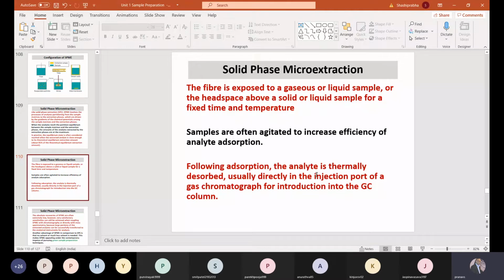It utilizes very small amounts of adsorbent, and it is essentially organic solvent free. Very small sample is required, I said 20 times, 30 times less than what you use in conventional SPE. That is the importance of solid phase extraction.